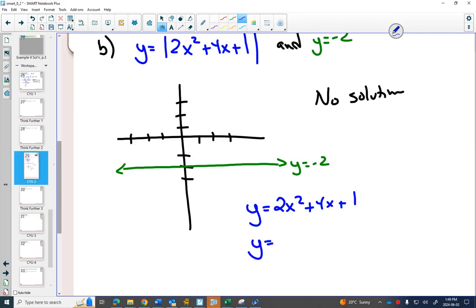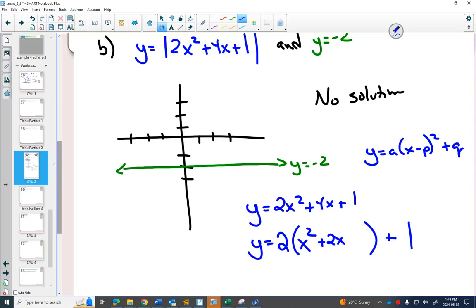Well, we want it to look like this. If it's in that form, it's easy to graph, right? So what do we need to do? We would need to say, I need that 2 out in front. The plus 1 is okay at the end there. If I take the 2 out, I would have an x squared. And if I take the 2 out of the 4x, I'd have plus 2x.